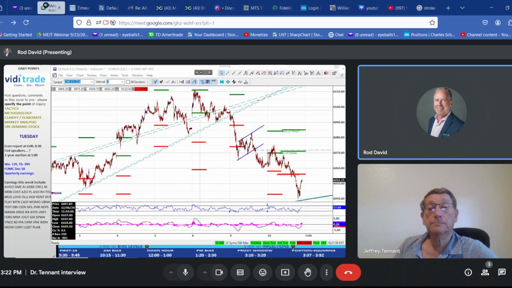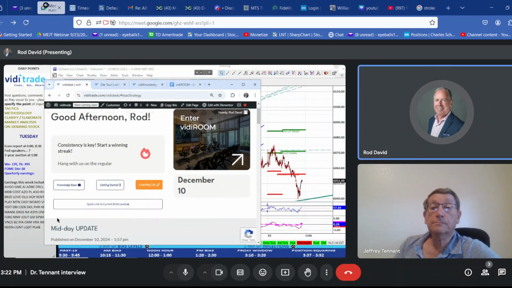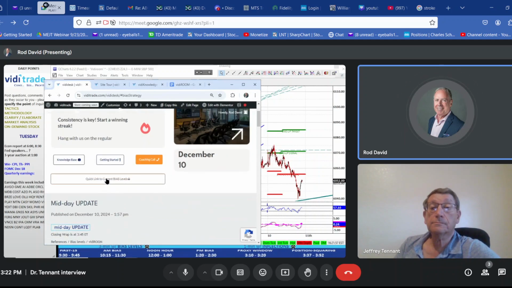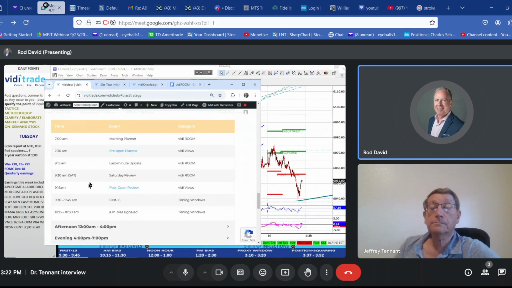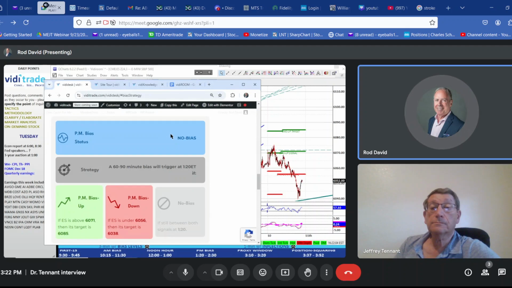Just to give you an example, here's the dashboard that subscribers log into, and go down to the bias signals. So this was this afternoon's bias. If ES were above 60.71 at 1:20, it would have put into play 60.85. If at 1:20 ES were under 60.56, it would have put into play 60.38.